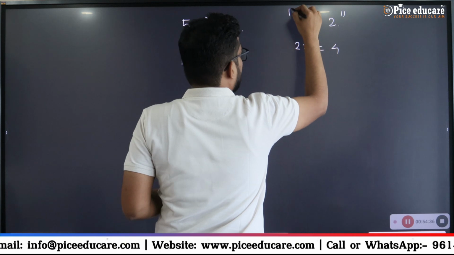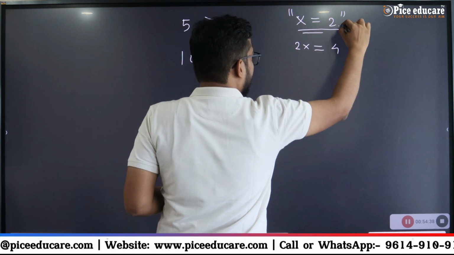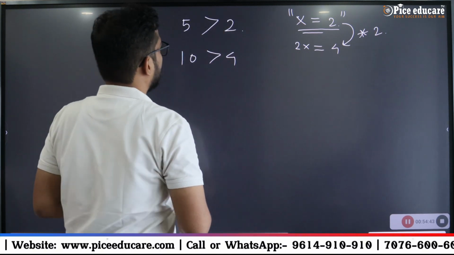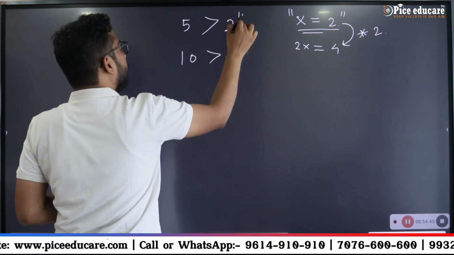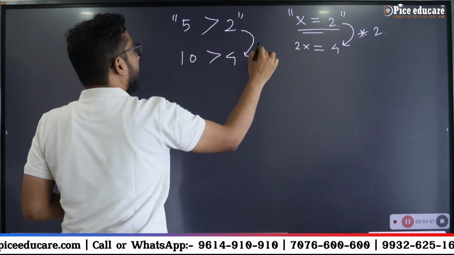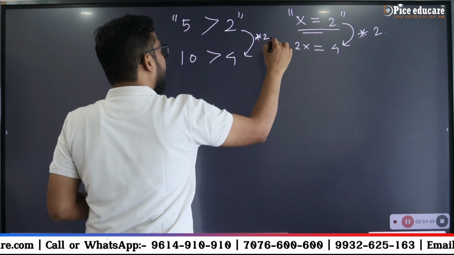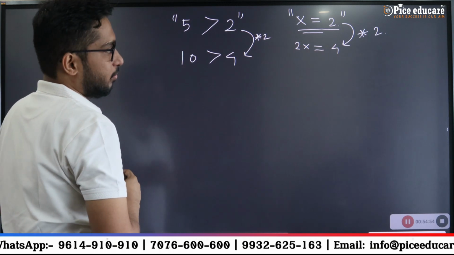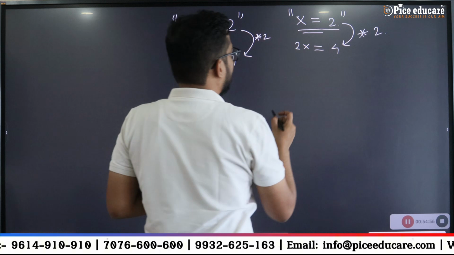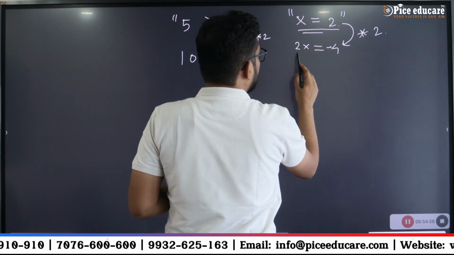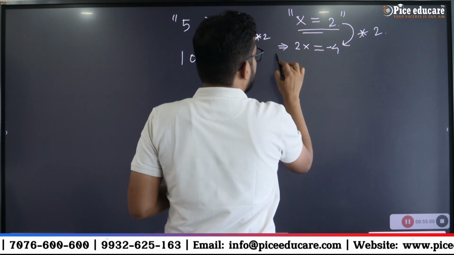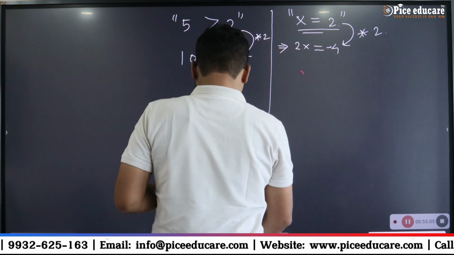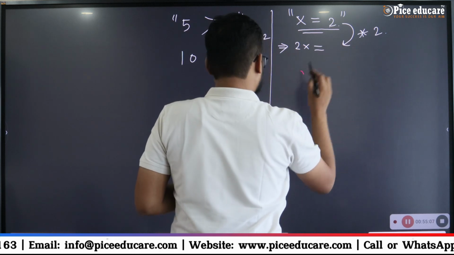If I give you some equality, you can multiply the whole equality by 2. If I give you some inequality, you can also multiply that inequality by 2. But here is a catch. If I go for x equal to 2, which implies 2x equals 4, there is no issue.